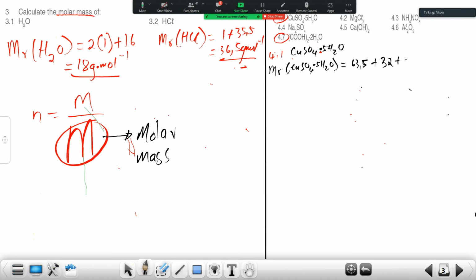Plus now how many oxygens? 4 oxygens, of which each contributes 16. Plus now 5 into 2 waters, 2 hydrogens, and then 1 oxygen. So all this in total, when I use my calculator, it should give me something like 245.